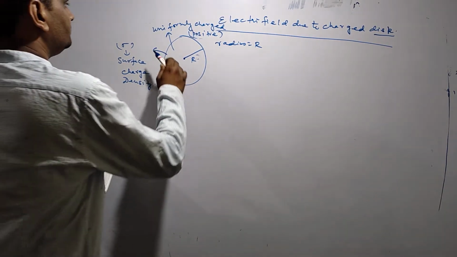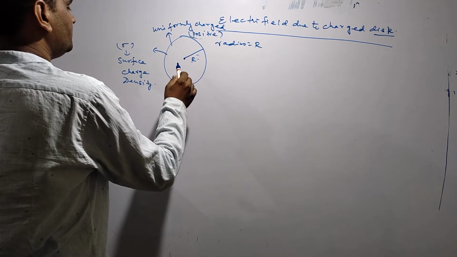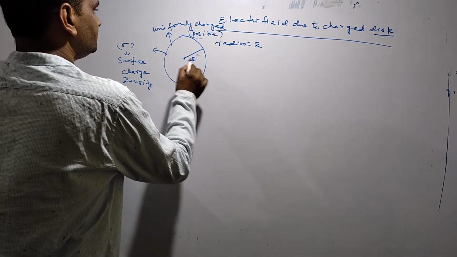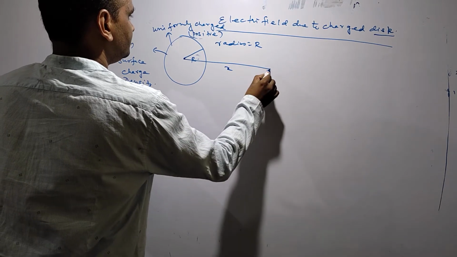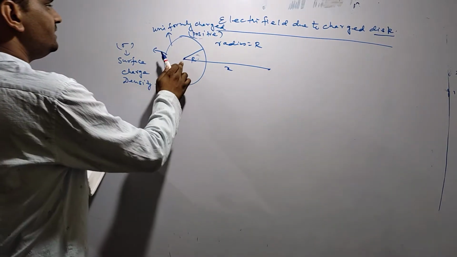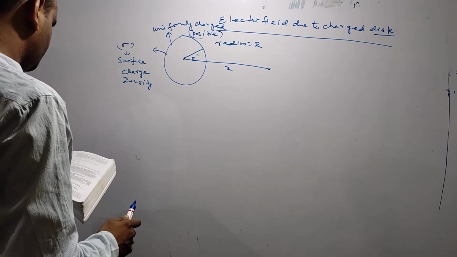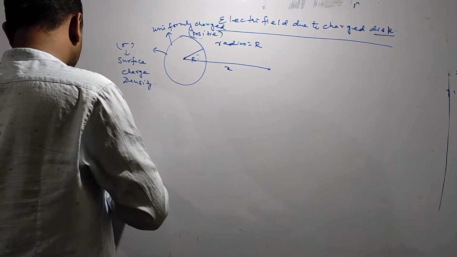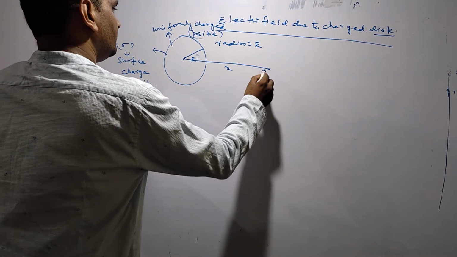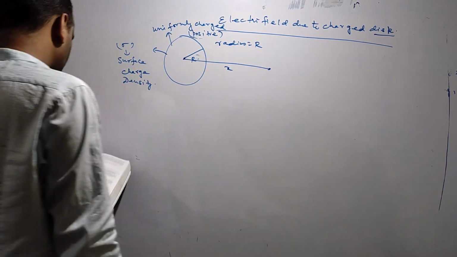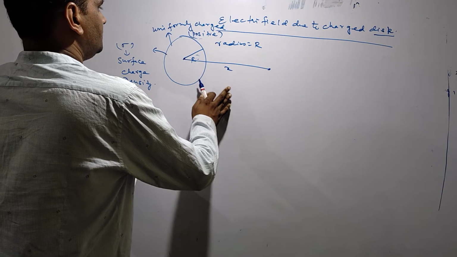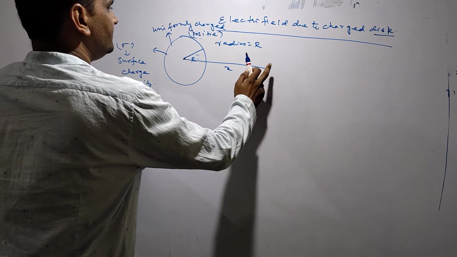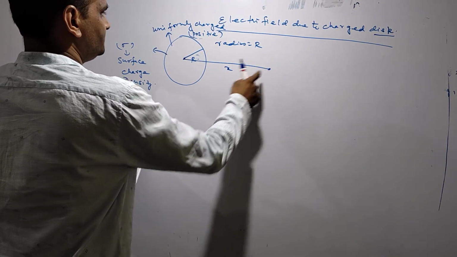We are interested in finding the electric field at a distance x from the center of the disk. So we want to calculate the electric field at this point.